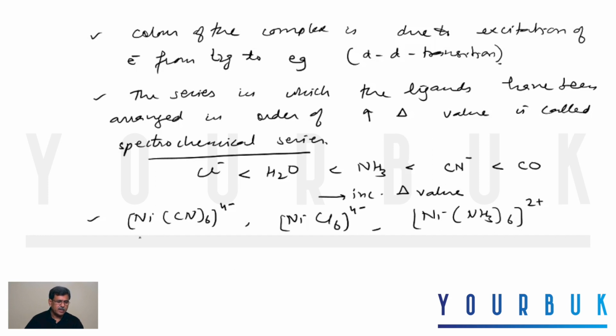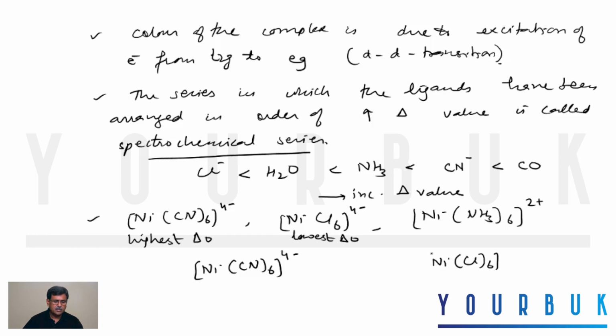This produces the highest delta value, so we'll have the shortest wavelength, and this produces the lowest delta value, so we'll have the highest wavelength. So, this is the order of increasing lambda. As the lambda changes, the color changes. So, this theory is very useful in explaining the color of the complexes.